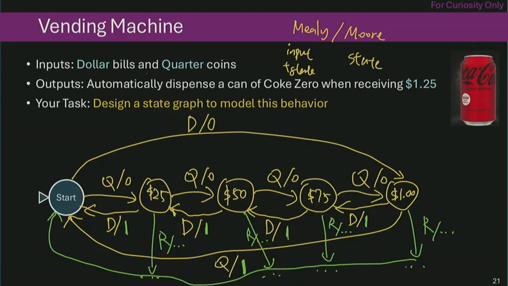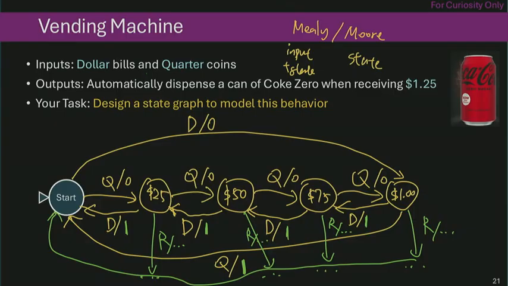All right, that's it. We first follow the quarter path to create all the states we need, and then try to add the additional transitions. Still remember the remaining balance after the Coke, and then finally do the refund. And this is a Mealy machine. And I think this is the minimum number of states you would need. With a Moore machine, you need to have at least one state remembering $1.25.